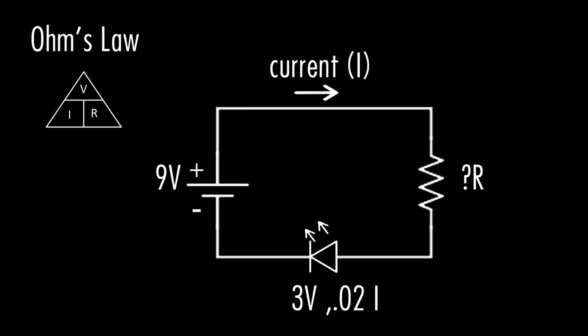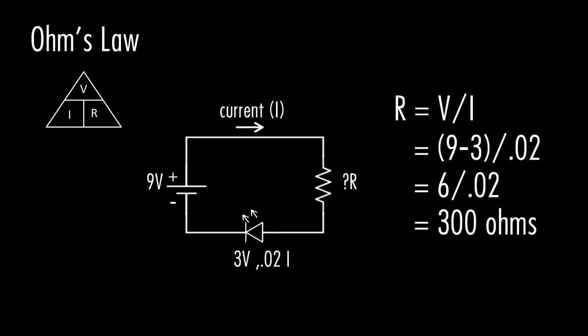So the voltage applied to this circuit is really the sum of all the voltage drops, right? So we have a voltage drop of 3 volts for the LED. We need to calculate the voltage drop of the resistor for the circuit to use up all the voltage. I hope that makes sense.